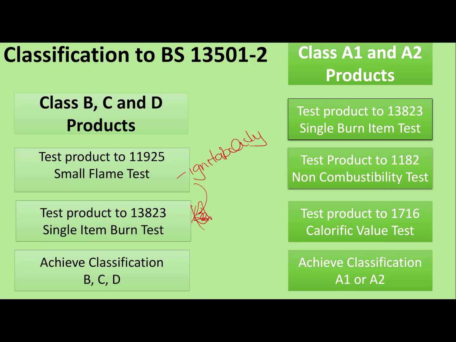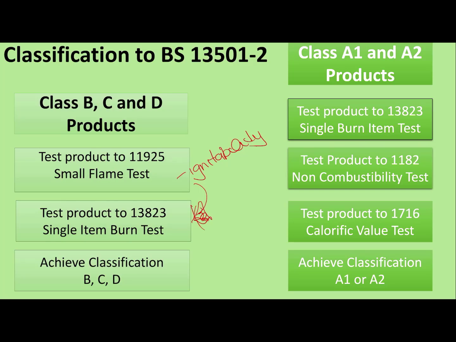test the product in accordance with 13823, which is quite an involved test. Lots of criteria are tested, and lots of data comes out in relation to the total heat released from the product, the rate of heat release, the smoke release, the rate of smoke release, the lateral flame spread, and the droplets.